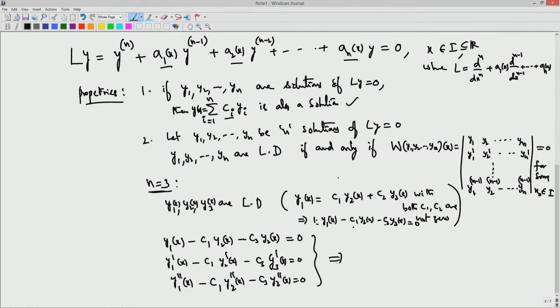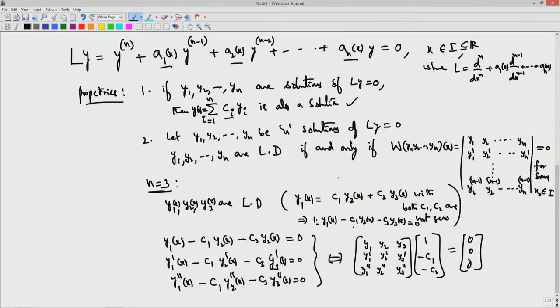So this is equivalent to a matrix with y1, y2, y3 at every value of x, y1 dash, y2 dash, y3 dash, y1 double dash, y2 double dash, y3 double dash, multiplying the vector (1, minus c1, minus c2). From the definition, not both c1 and c2 are 0, so I have a non-zero solution such that the right hand side is 0. This is like Ax equal to 0 with a non-zero solution, which implies the determinant has to be 0.